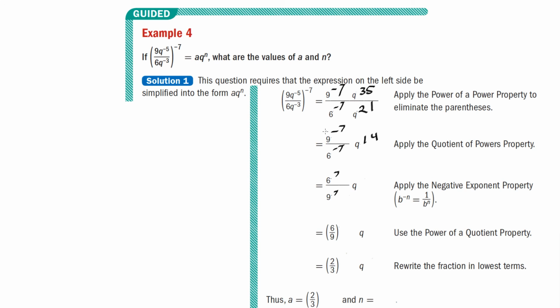And so this would be 6 over 9 raised to the 7th power, q to the 14th power. 6/9 reduces to 2/3 to the 7th power, still q to the 14th power. So a is equal to 2/3 to the 7th power, and n is equal to 14.